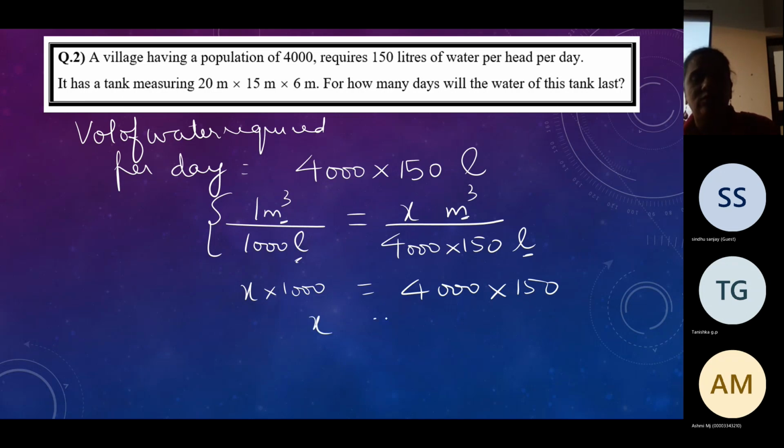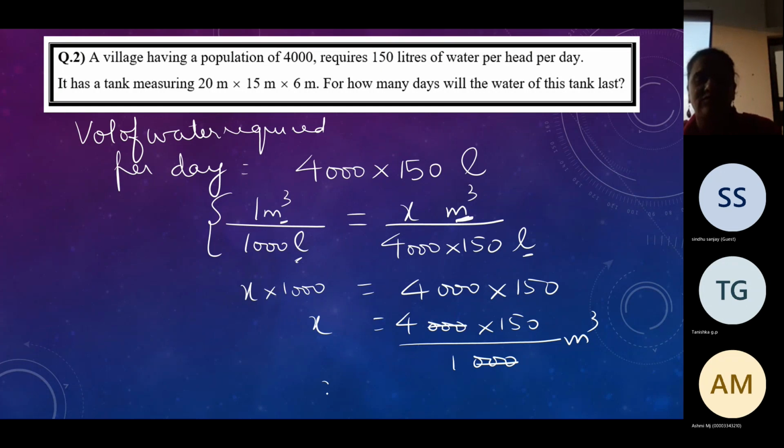So x is equal to 4000 into 150 divided by 1000. What's the unit for x? Meter cube. Then you cancel zeros and x is equal to 600 meter cube. All right.